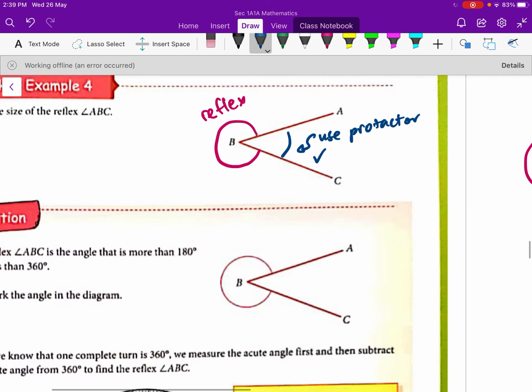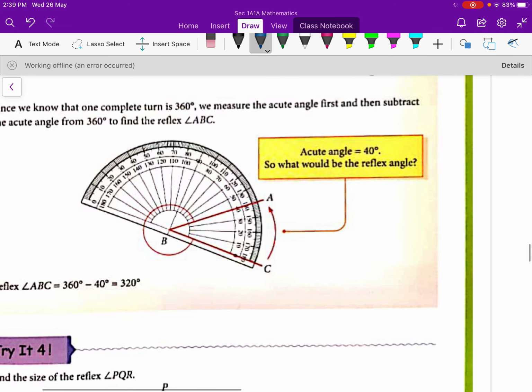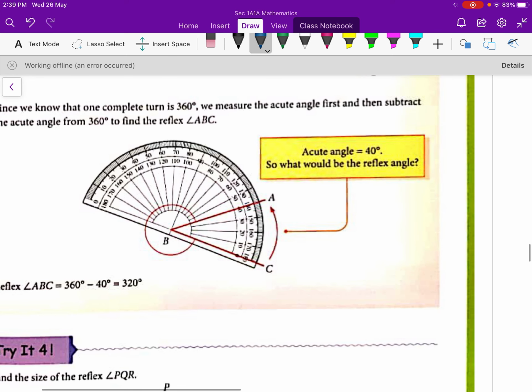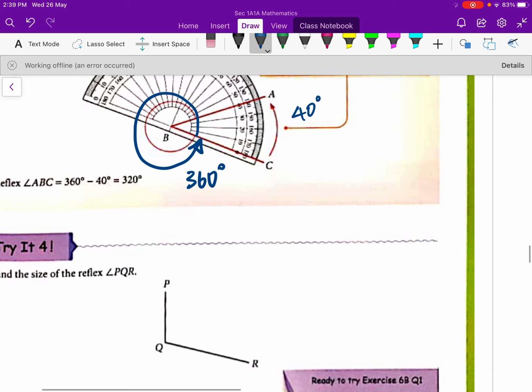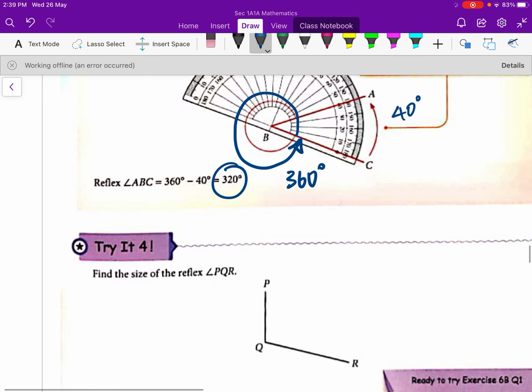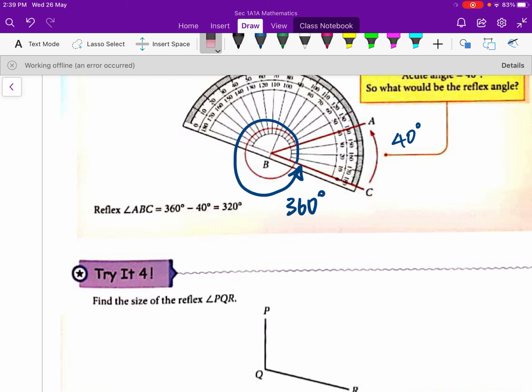Okay, so it is shown over here. You find this acute angle. Turns out it is 40 degrees. Then, knowing that angles at a point, the total is 360 degrees, we just need to do a subtraction. So 360 minus 40 to give us 320. So this is what it looks like.